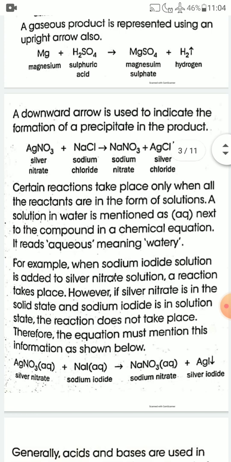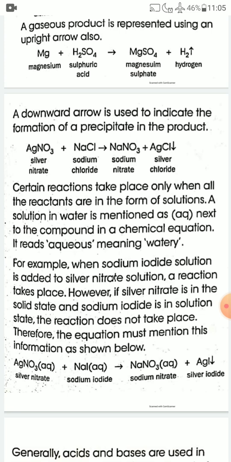Similarly, a downward arrow is used to indicate the formation of a precipitate, that is solid product. For example, when silver nitrate solution reacts with sodium chloride solution, it will produce a white precipitate of silver chloride and sodium nitrate solution.